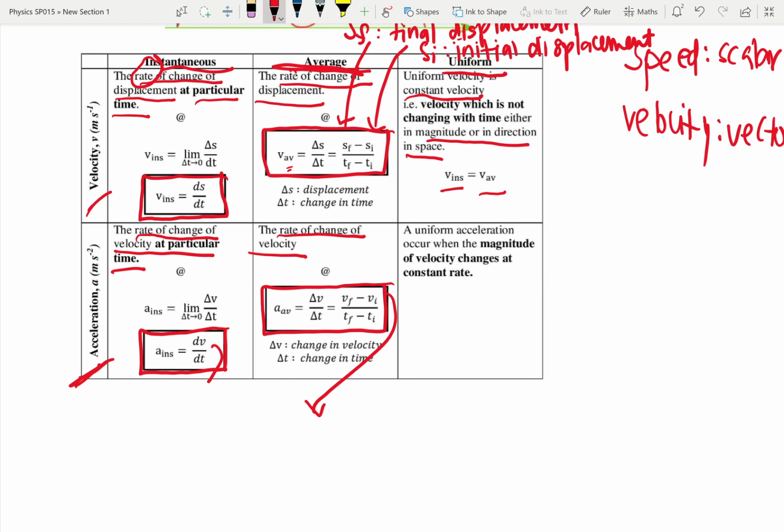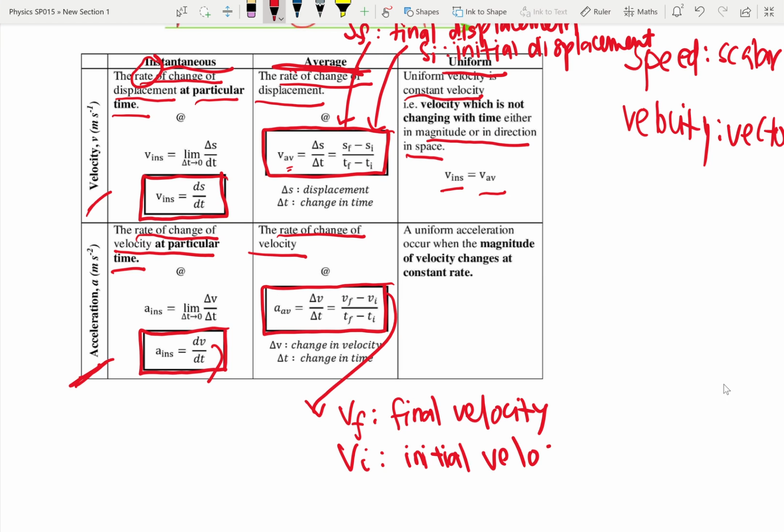v final is the symbol for final velocity, and v initial is the symbol for initial velocity. Sometimes we can write the initial velocity as u.